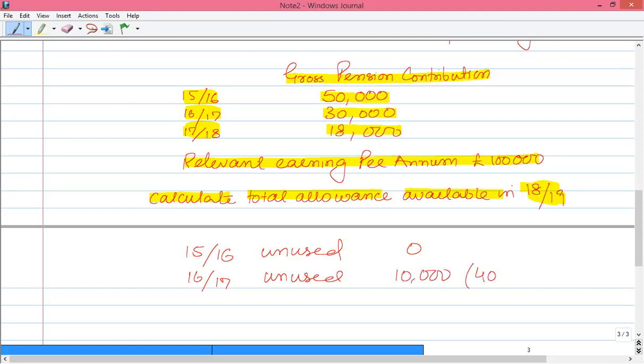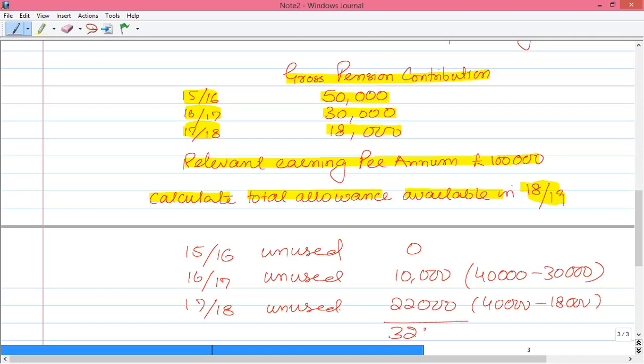That is 40,000 minus 30,000. While in 17-18, we have an unused allowance of 40,000 minus 18,000. That means 22,000. So we have an unused allowance of 32,000 for the last 3 years.